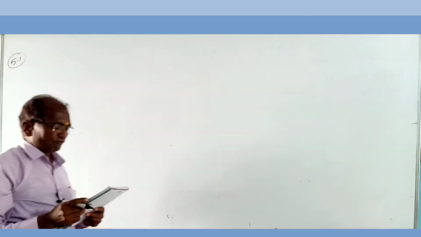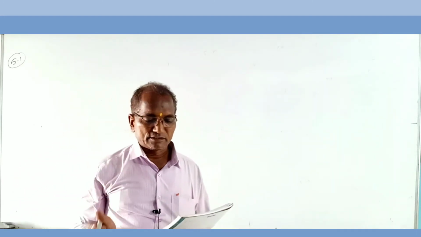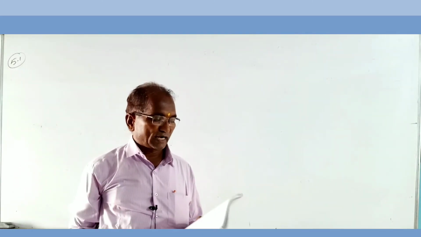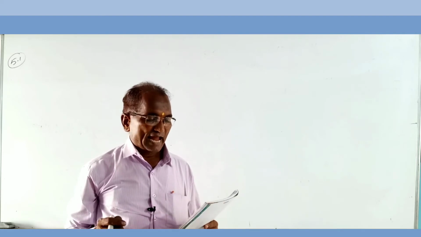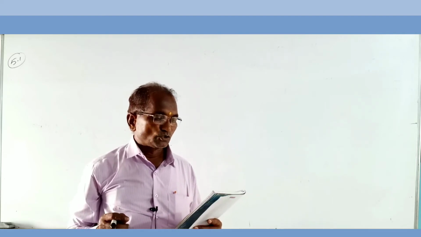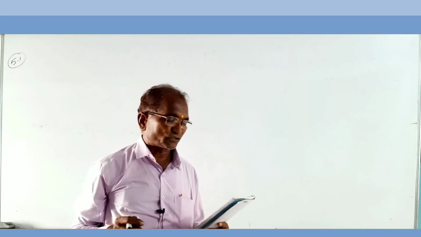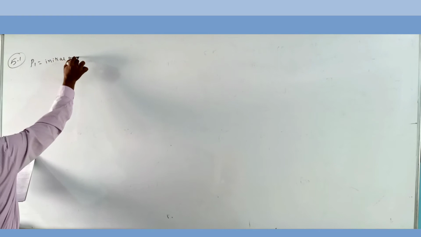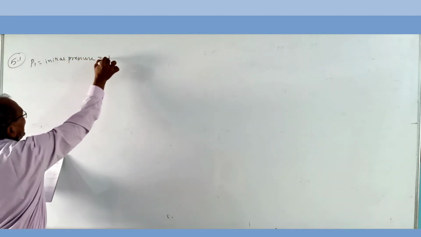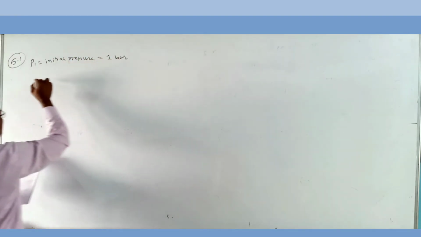Numerical first, that is in chapter 5.1. What will be the minimum pressure to compress 500 dm cube of air at 1 bar to 200 dm cube at 30 degrees Celsius? Means here P1 is equal to initial pressure, that is 1 bar.